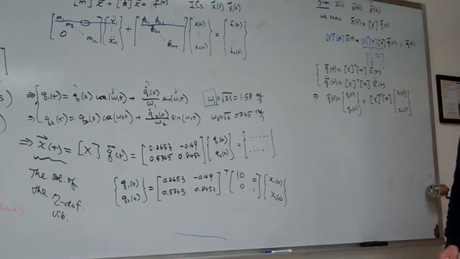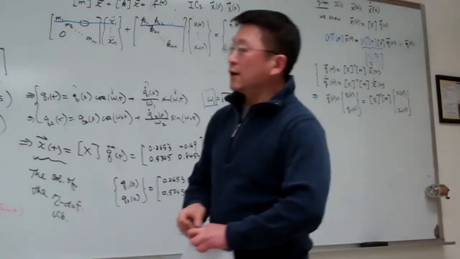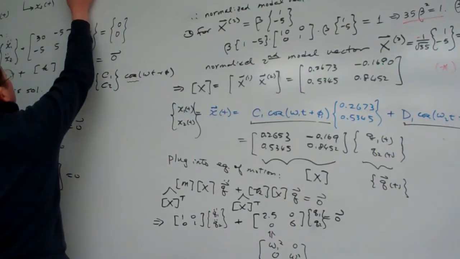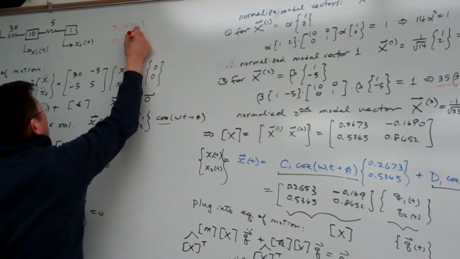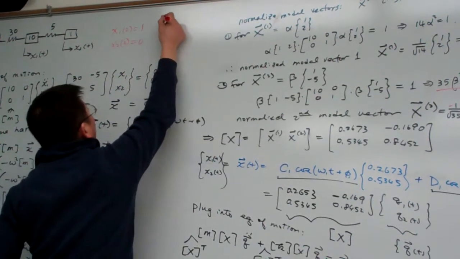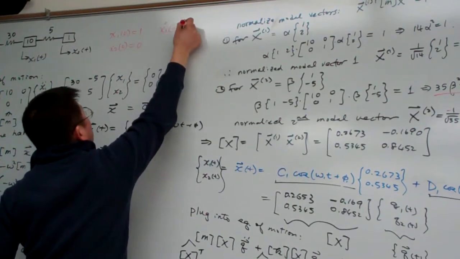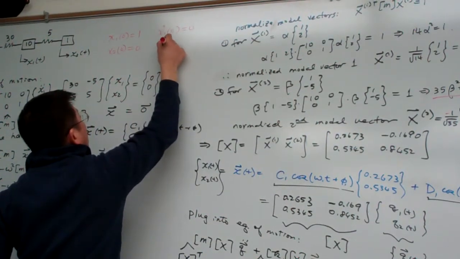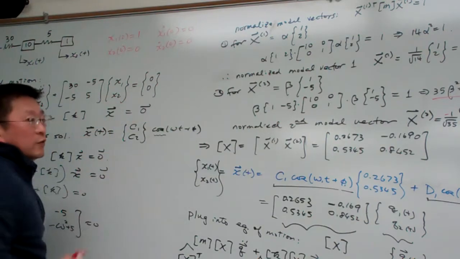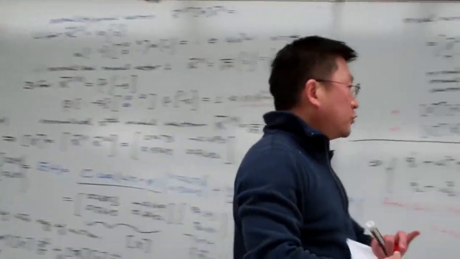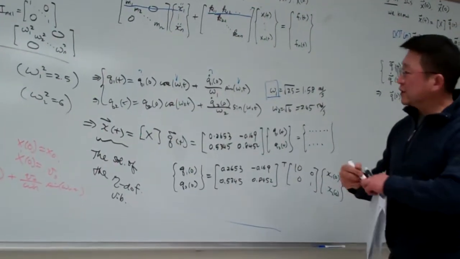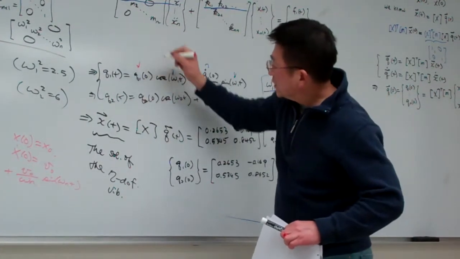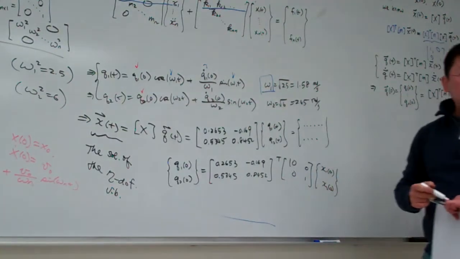We good? So for example, for our exercise, if I was given x1,0 equal to 1, and x2,0 equal to 0, and x1 initial velocity equal to 0, x2 initial velocity equal to 0, with this given information you should be able to calculate q1, q2. So that means this number is calculated, that number is calculated.